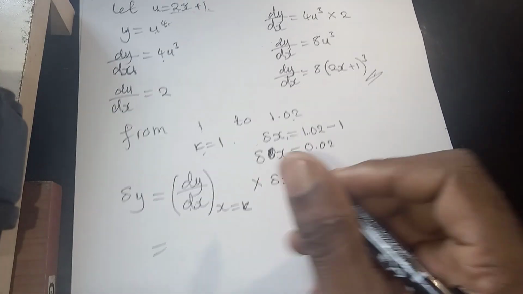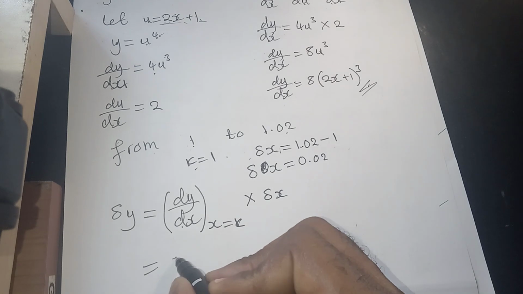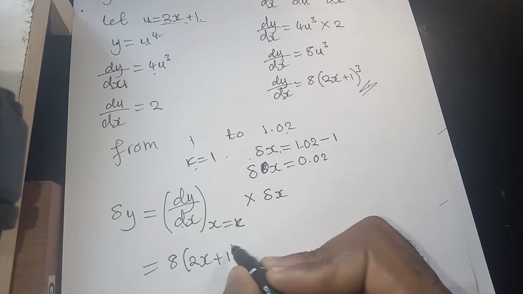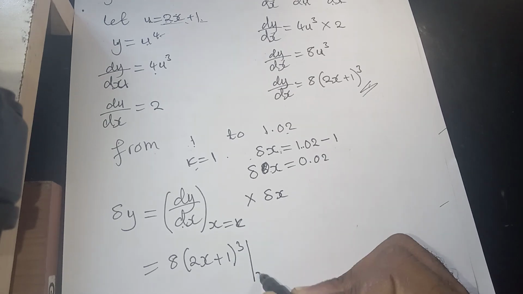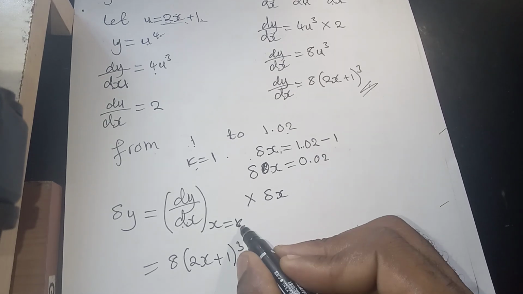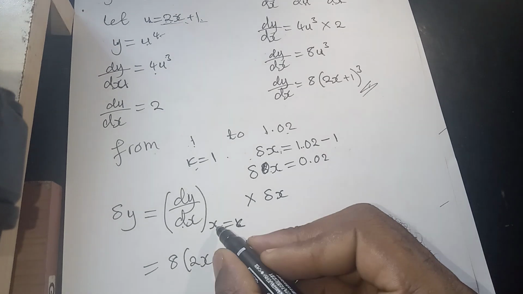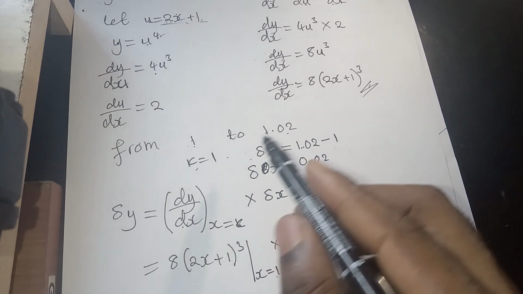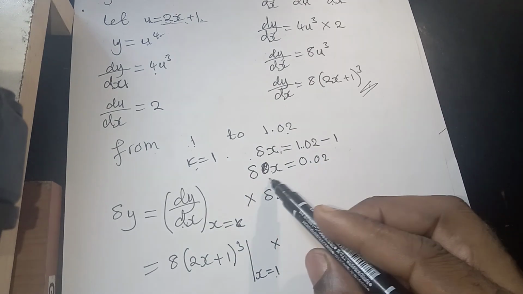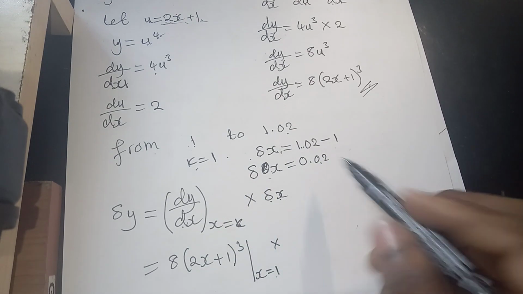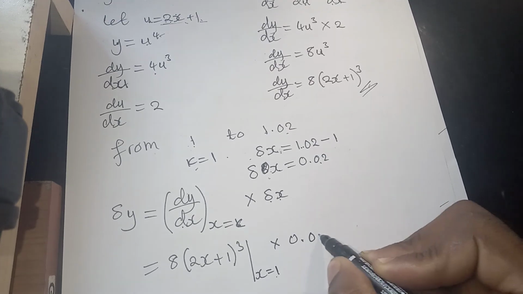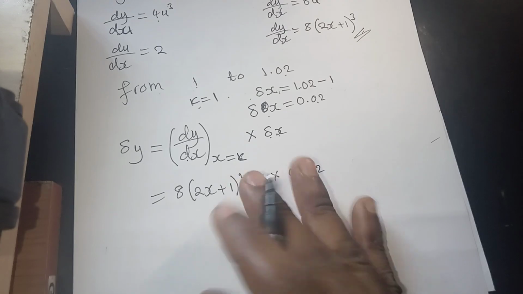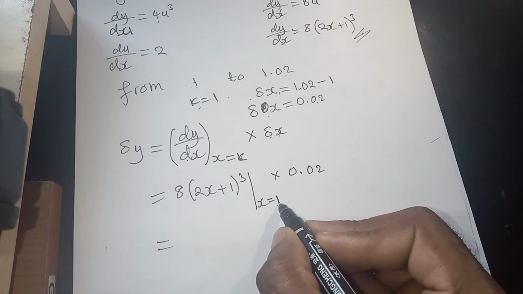So our dy/dx is this. So I have 8(2x plus 1) to the power 3 when x is equal to k, which is 1, multiplied by the small change in x, which is delta x, and this is 0.01.